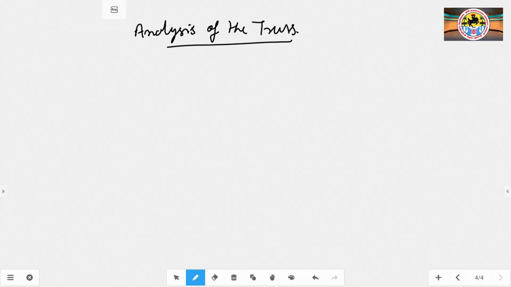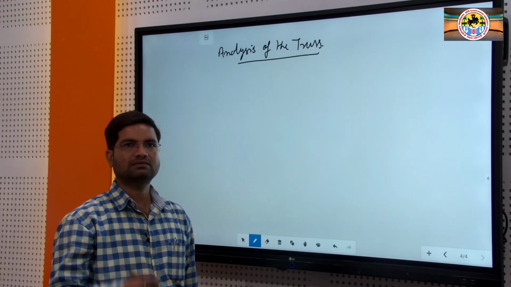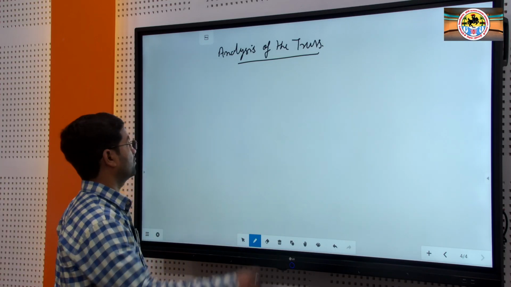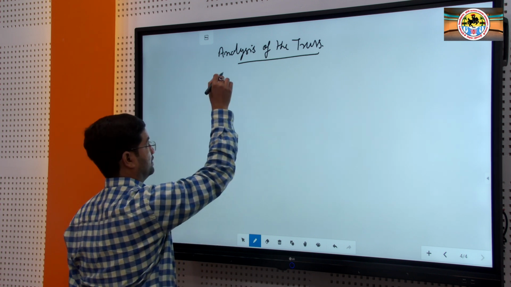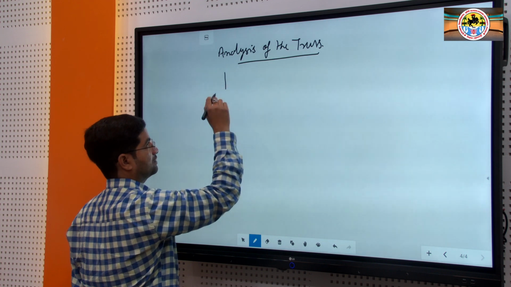Why? Because we need to analyze the forces acting on each and every member. On the basis of that, we can design the truss, or for a particular system we can design the truss. So, we need to analyze how much force is acting on the members. For that analysis we have two methods.